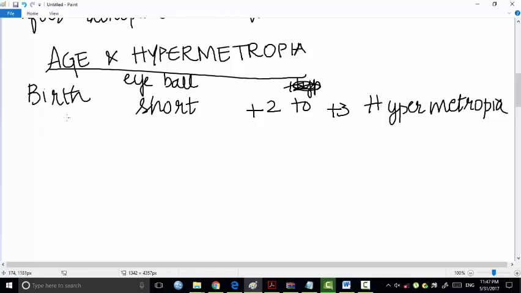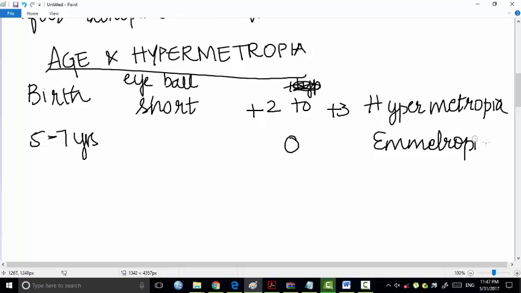Now at the age of 5 to 7 years, what happens? This power, which is +2 to +3, gradually decreases and becomes 0 or emmetropia, and the eyeball size is generally normal.